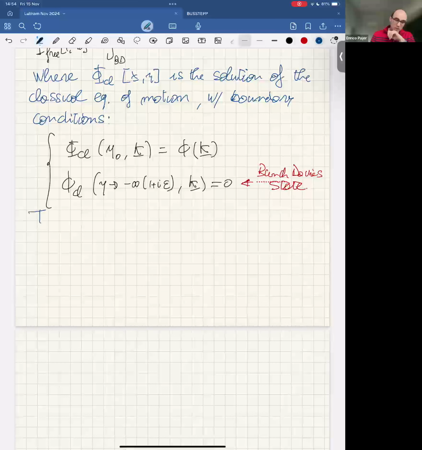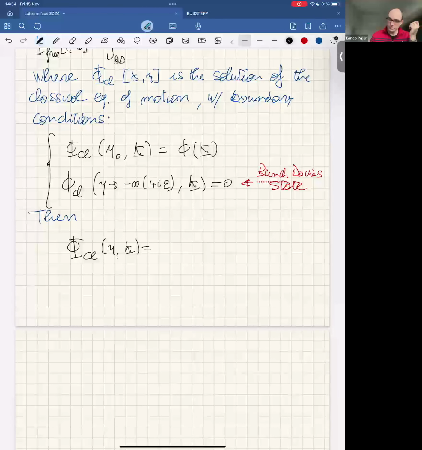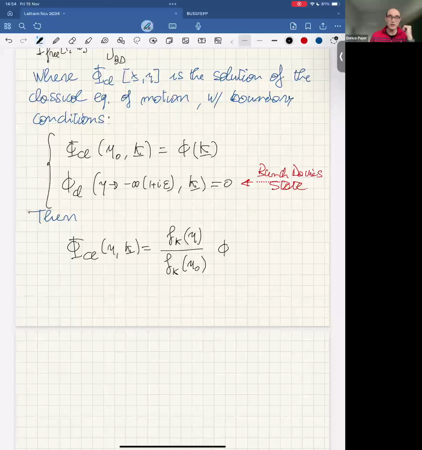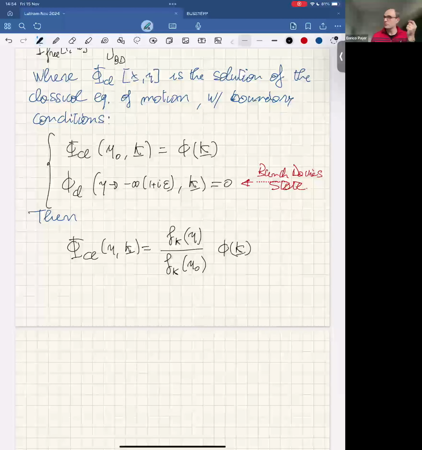Okay, we know what the solution of the equations of motion is, what we're calling the mode functions. They were defined to be the solution of the classical equation of motion. Then with this boundary condition, phi classical is nothing but f, which was the mode function that solves the equation of motion, up to some normalization. The normalization is such that when I evaluate this at eta equal eta 0, this gives me phi of k. Boom, I found what phi of k is.